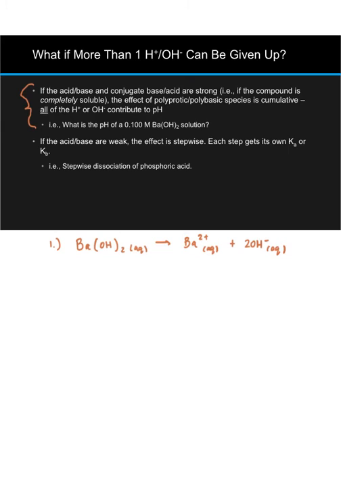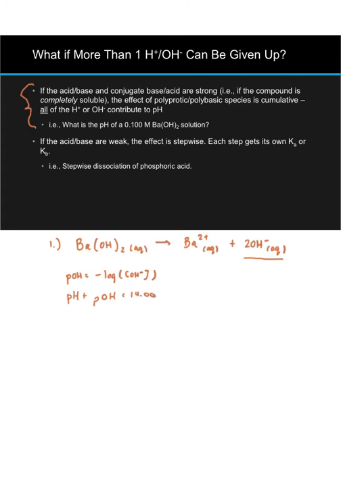To calculate the pH of our solution of barium hydroxide, we'll need to recognize that our major species in solution in barium hydroxide is the hydroxide ion. That dictates pH. We need to calculate first a pOH, and then from a pOH, a pH, knowing that pH plus pOH is equal to 14.